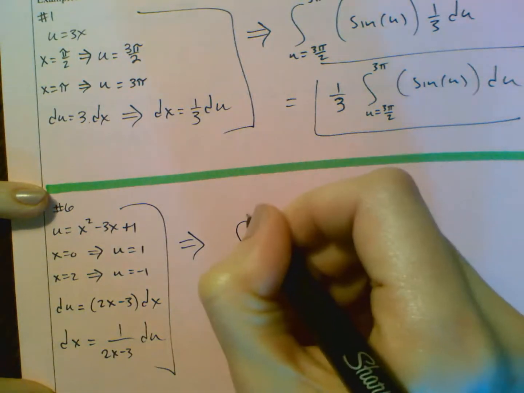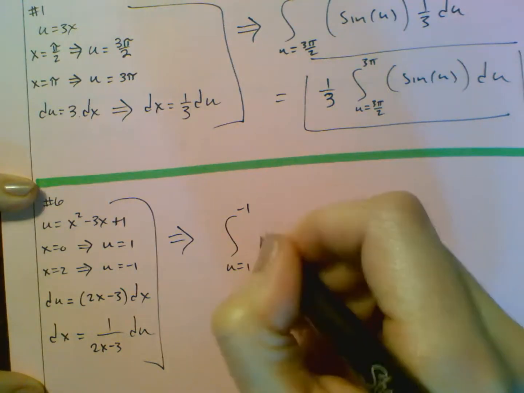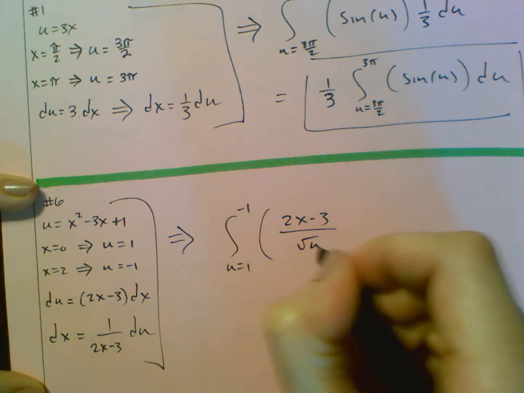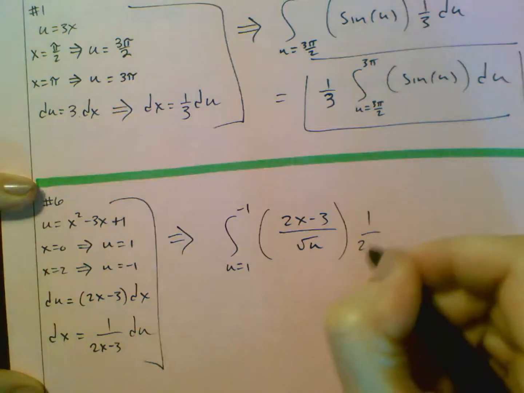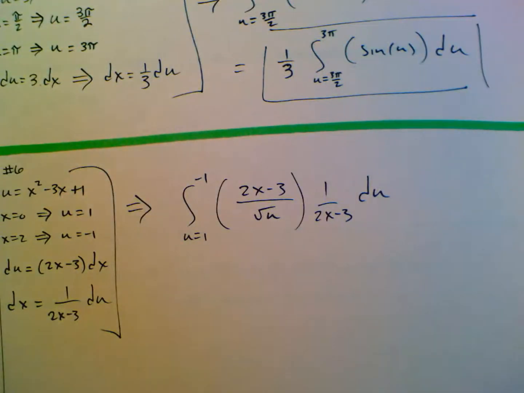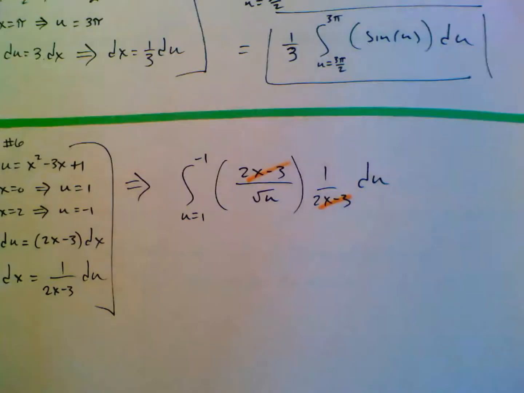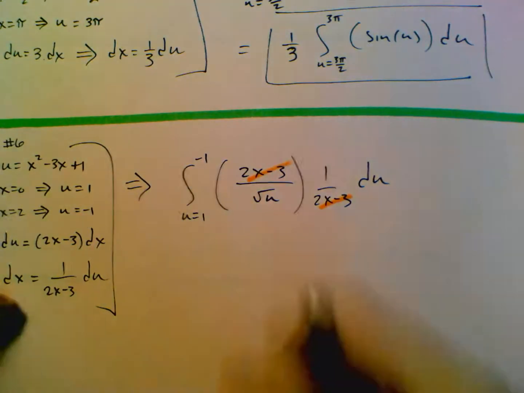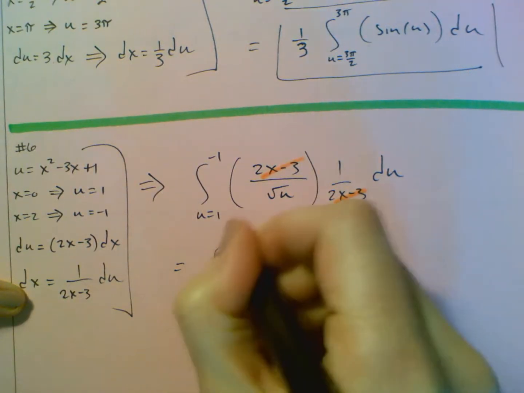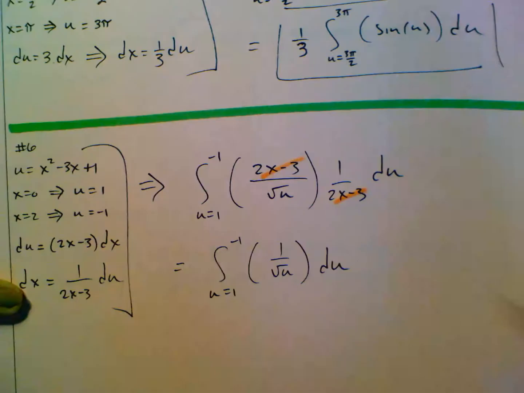Instead of x being 2, u is negative 1. And then this is 2x minus 3 du. Okay, and we want all the x stuff to cancel, so these cancel. And then we have u equals 1 to negative 1 of 1 over radical u du.